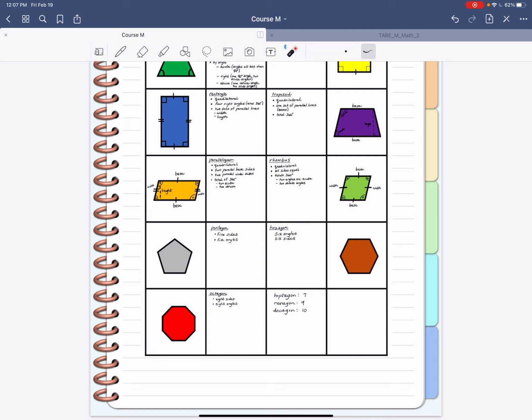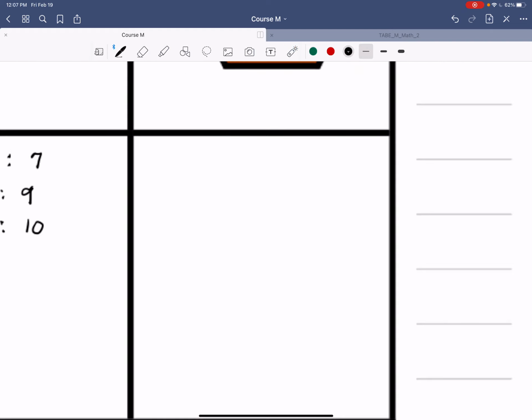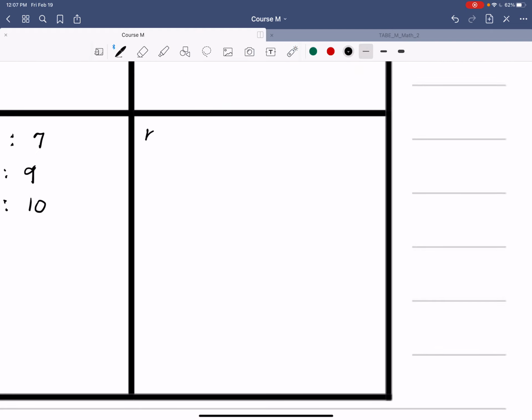Okay, in this last square, there's something else that you need to know. You need to know that a regular polygon has all equal sides.